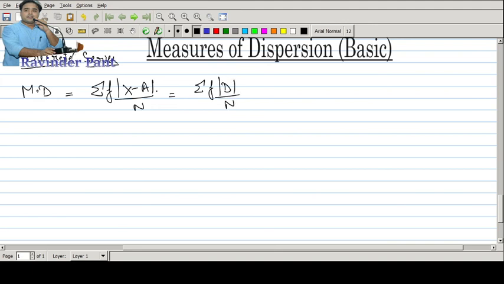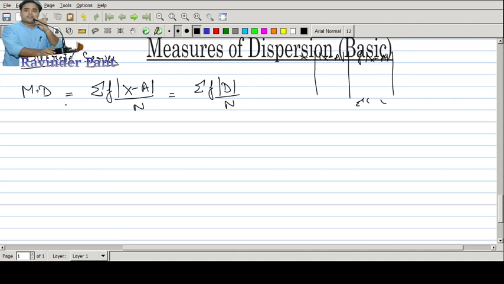First you calculate the average, be it mean or median, then another column as the difference between these two, ignore the sign, then multiply that difference with the frequency, then add all these things. So x minus a mod, then f into x minus a mod, and you summate them.